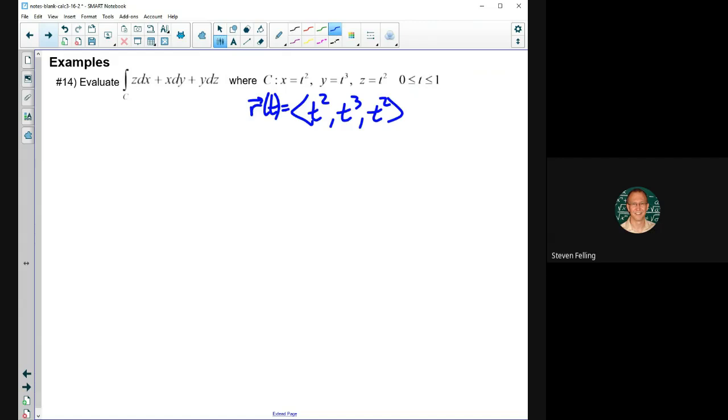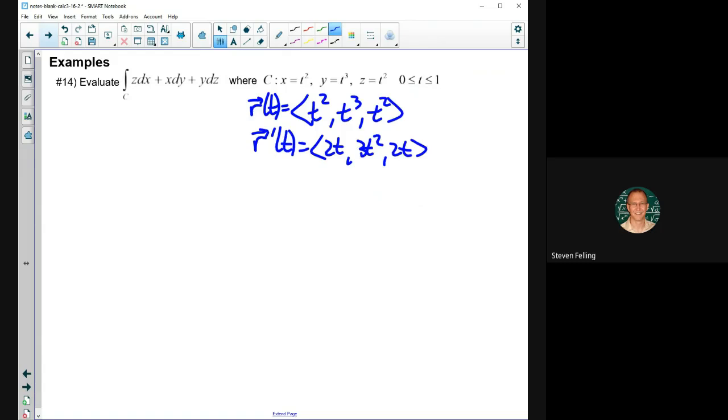All right, but we are going to have to figure out how to fill these things in. We are going to need the r prime vector, so let's find it while we're here. The r prime vector is going to be 2t, 3t squared, and then 2t, right? This sort of setup occurs with a vector field.